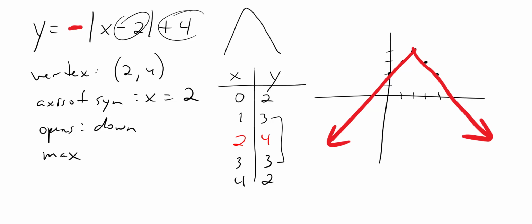Okay, so I got one more graph I want to do with you guys. So let's see here. How about y is equal to absolute value of x minus 3.